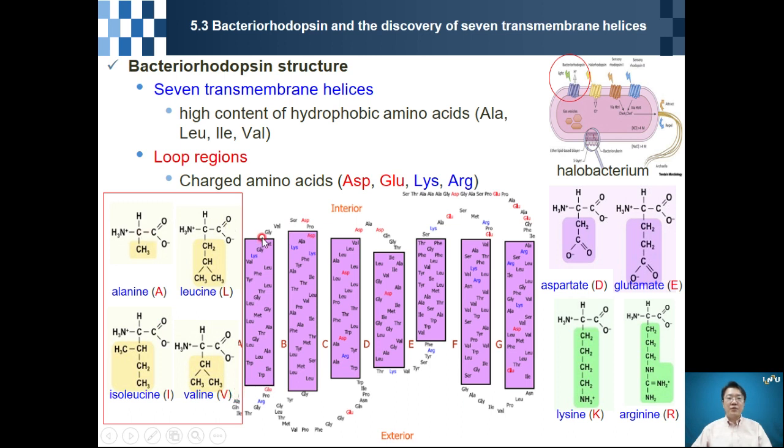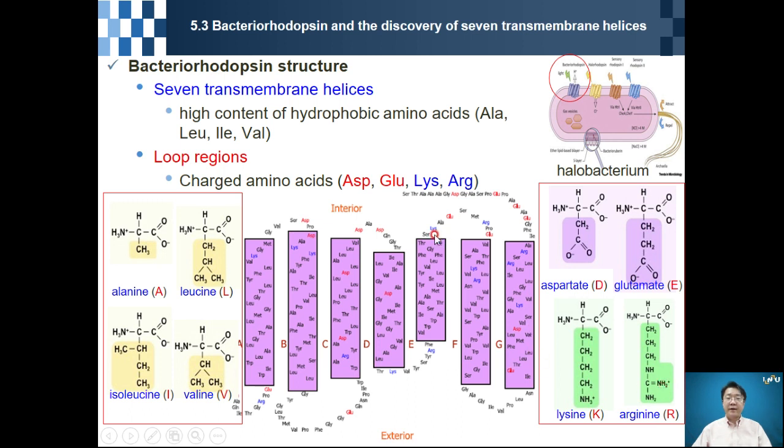How about the loop region? You will see that in the loop region there are lots of charged amino acids, especially aspartate D and glutamate E, which are negatively charged, and also lysine and arginine, which are positively charged.